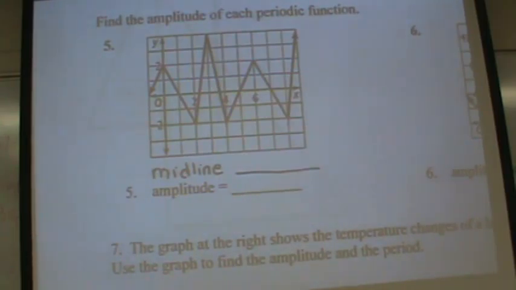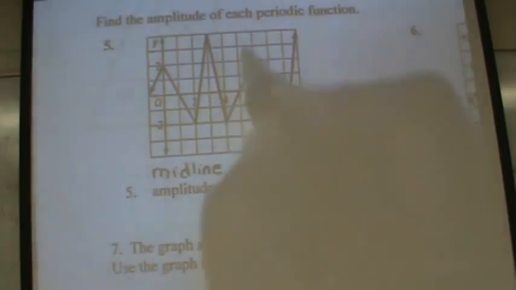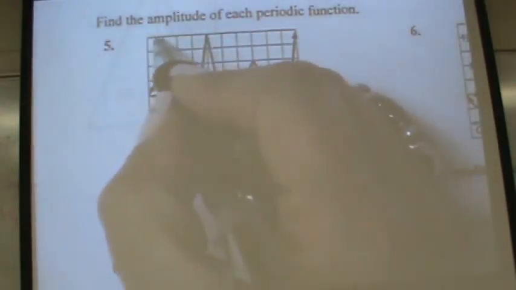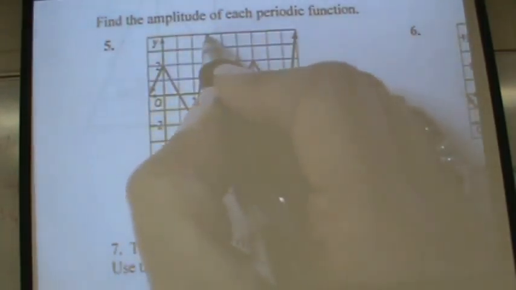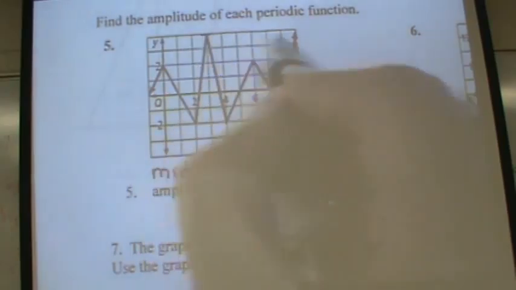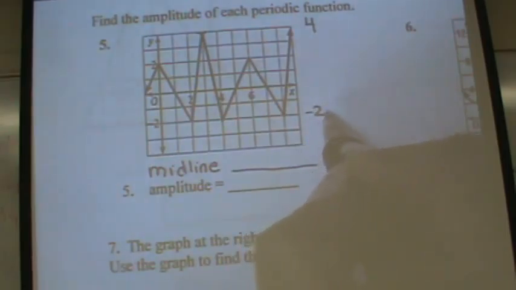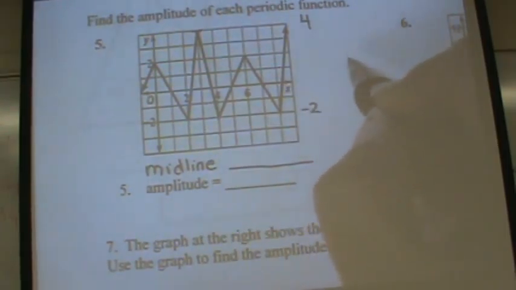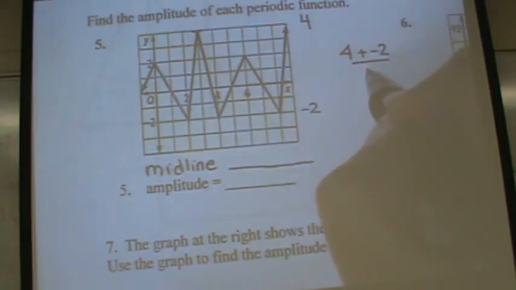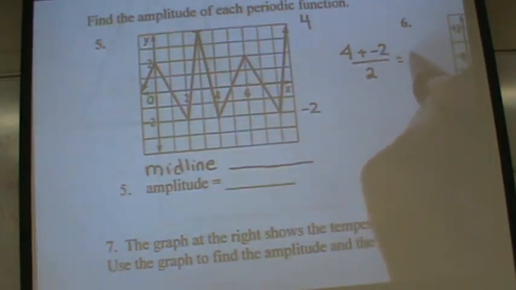You're close. How do you find the middle? How do you find the average of two numbers? Add them together and divide by two. So what's the highest number here? 4. And what's the lowest? -2. If you added these two numbers up, you get 2, and you divide that by 2, what do you get? 1.